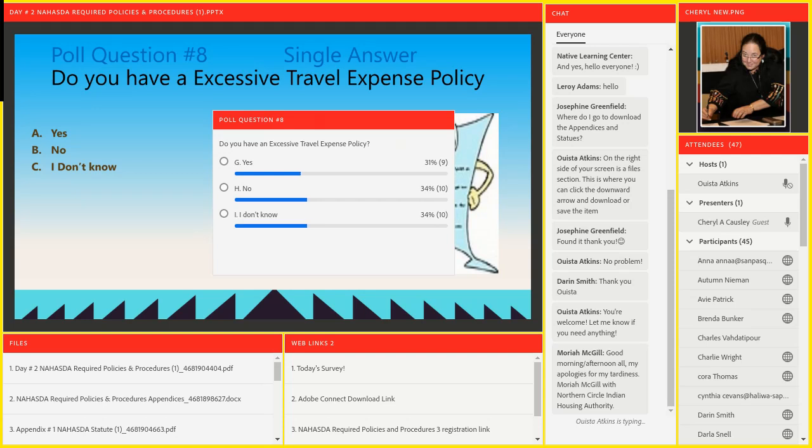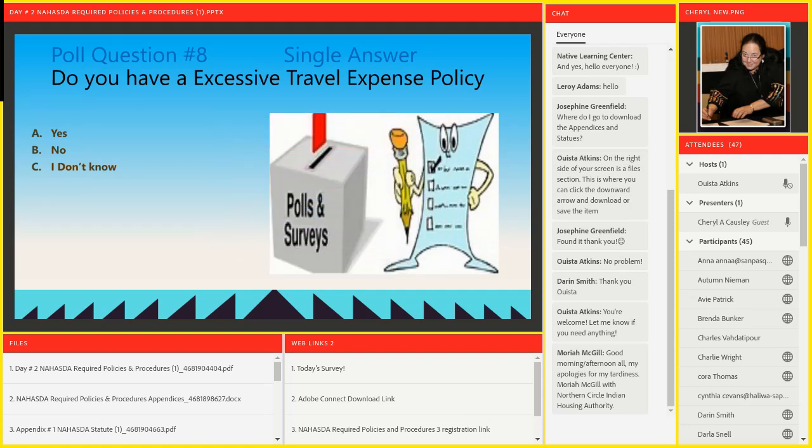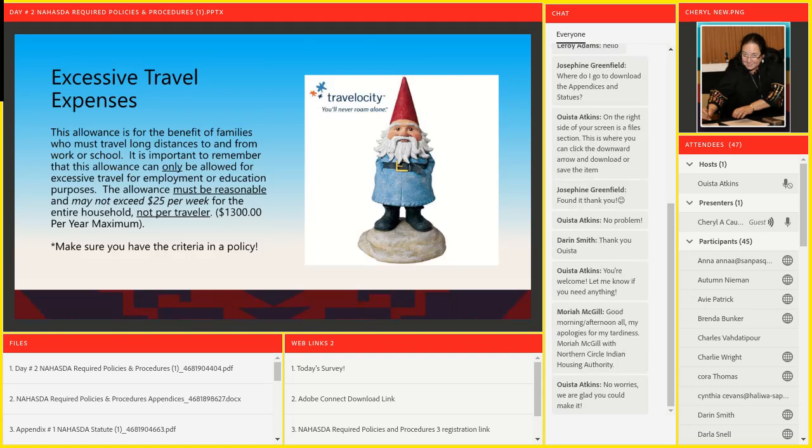Okay, you can close her up. You guys need to make sure that you go back and look at the regs. That is supposed to be an area where you offer that particular deduction. The allowances are for the benefit of families who must travel long distances, and you're going to make that determination.